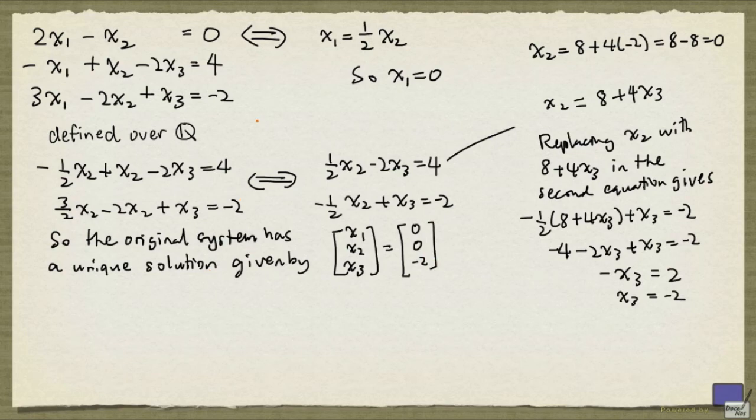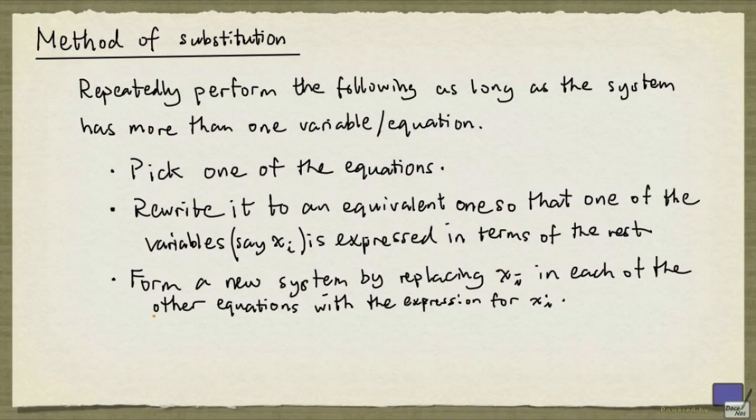So this example illustrates what is known as the method of substitution. And in a nutshell, the essence of the method can be summarized as follows. Unless your system has one variable or one equation, which we know how to solve, you can do the following repeatedly. You pick one of the equations and then rewrite it to an equivalent one so that one of the variables, let's say xi, is expressed in terms of the rest.